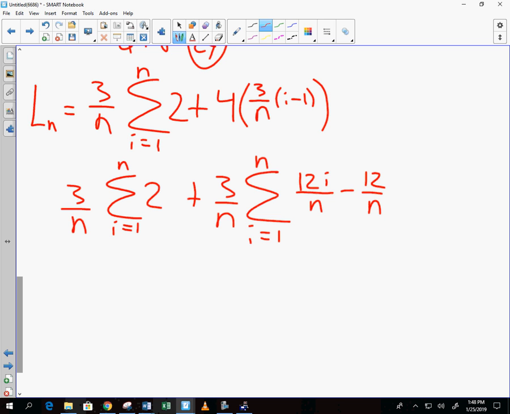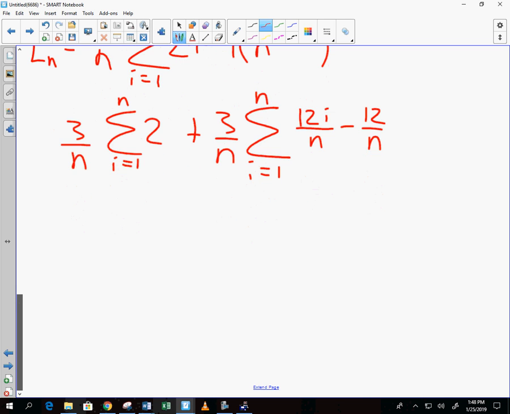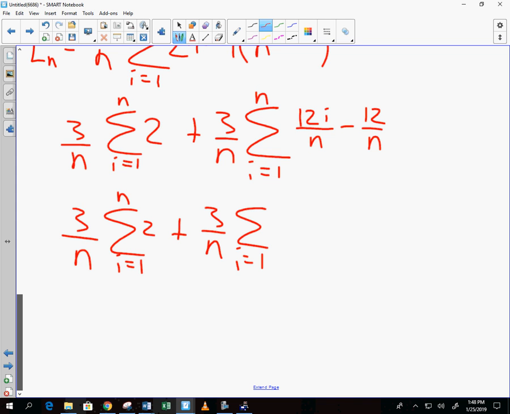I think you guys see that and like that. And watch what happens. We have 3 over n times the sum from i equals 1 to n of 2 plus 3 over n times the sum from i equals 1 to n of the 12i over n minus the sum from i equals 1 to n.